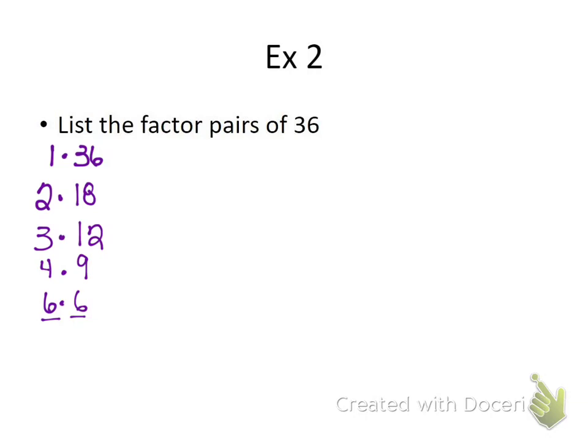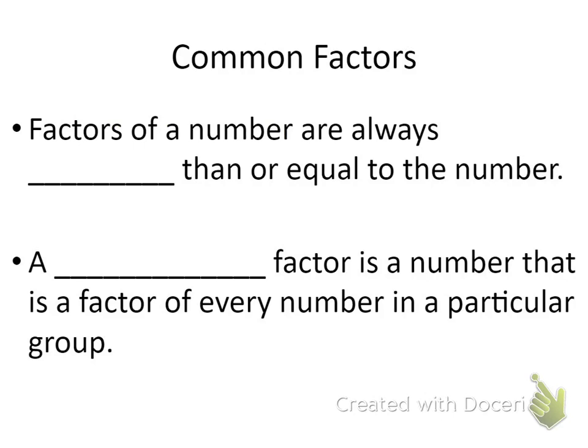Factors of a number are always blank than or equal to that number. When we found the factor pairs of 36, what were the numbers? They are always what or equal to the number?